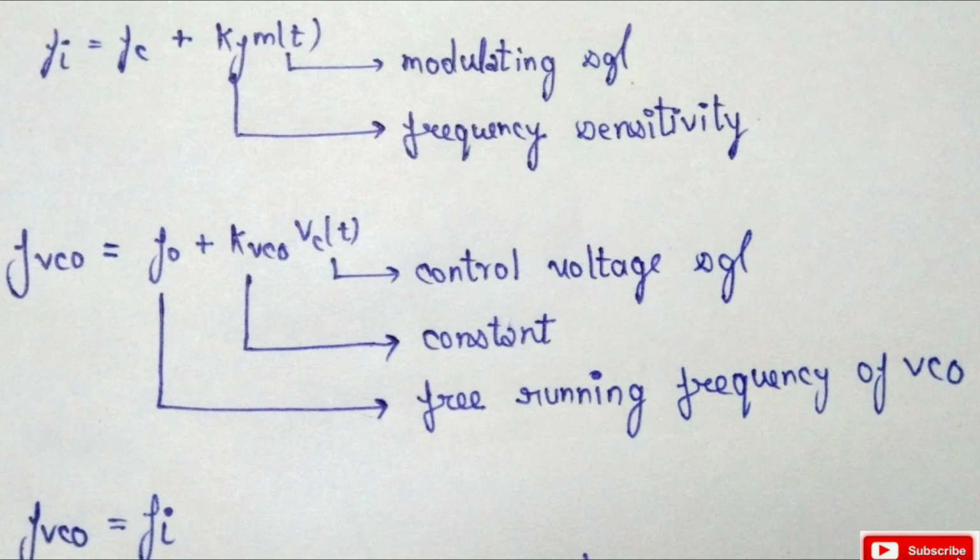In the voltage controlled oscillator the generated frequency FVCO is equal to F0 plus KVCO into Vc(t), where Vc(t) is the voltage control signal, KVCO is a frequency constant, and F0 is the free running frequency of the VCO. And as we know, in the phase detector, in the end FVCO is equal to Fi.